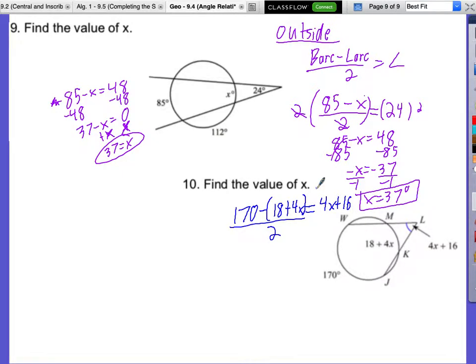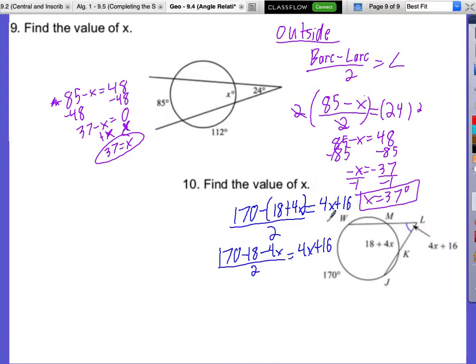Right here, if you just subtract 18, you're not subtracting the whole little arc. This whole thing is the little arc measure, so you just subtract the whole thing. And then this negative, you would end up distributing that negative, right? So it would end up being 170 minus 18 minus 4x, over 2, is equal to 4x plus 16. Does that make sense why that would be that way?